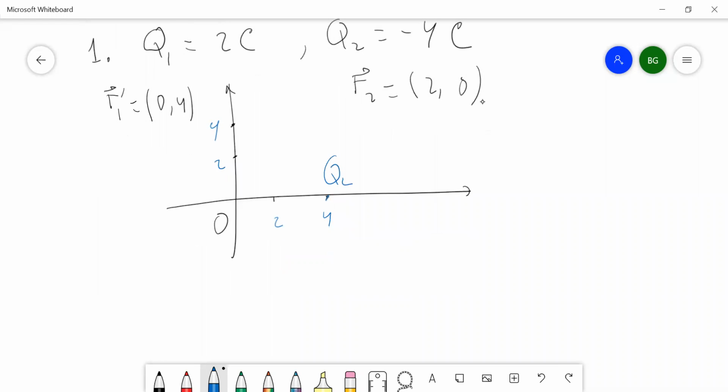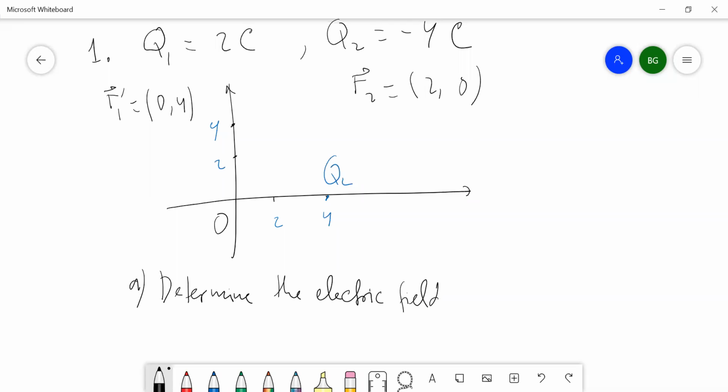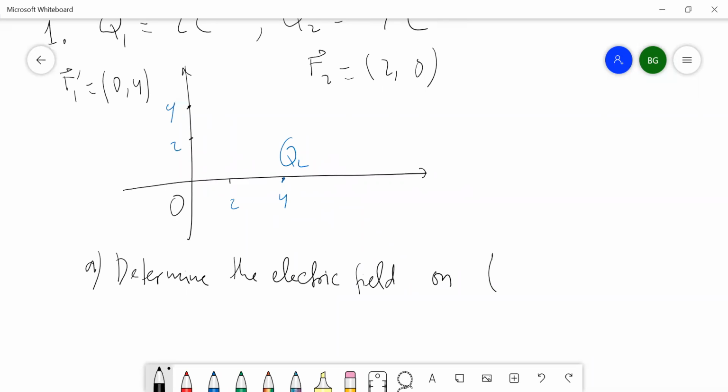And then determine the electric field on a coordinate, for example, this is in meters.